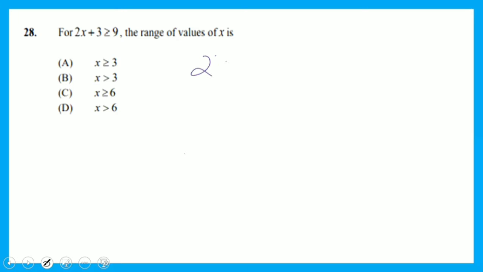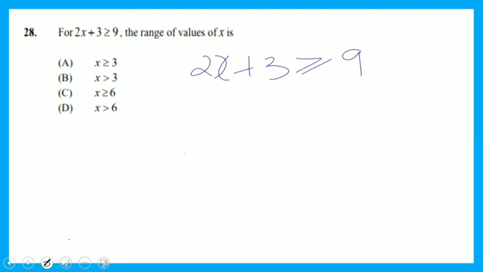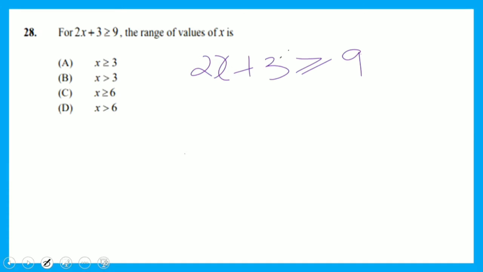But here we go. 2x plus 3 is greater than or equal to 9. And we're going to solve just like we approach a regular equation. We need to get rid of both 2 and 3 from this side of the equation so that x can be left by itself. Get rid of 3 first by subtracting 3, and then to get it to one side, do it to the other.